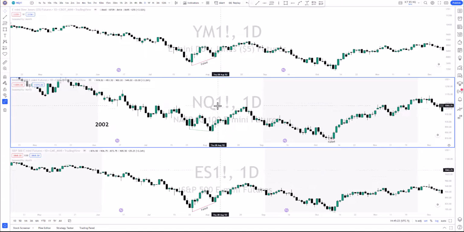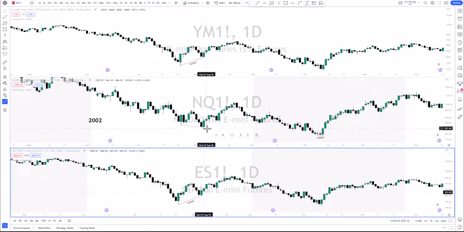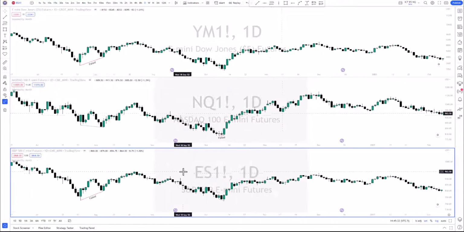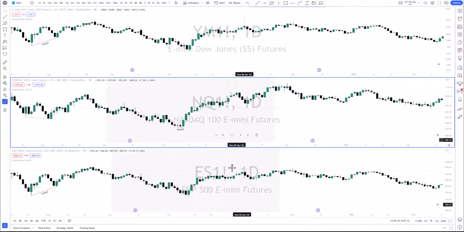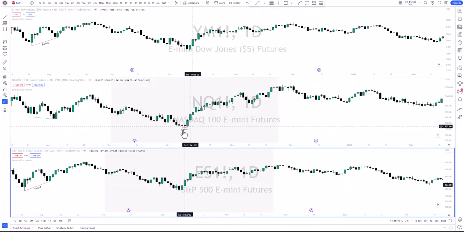And then just calling out in August, we failed to make a lower low and had a movement up higher, but then within our time frame, we are seeing that the Nasdaq failed to make a lower low, and then we had the surge into the end of the year.